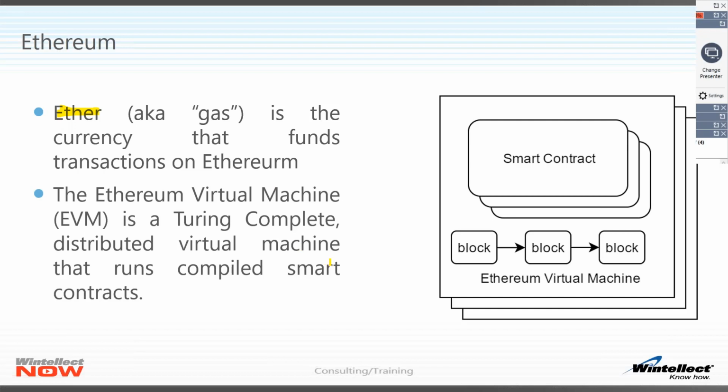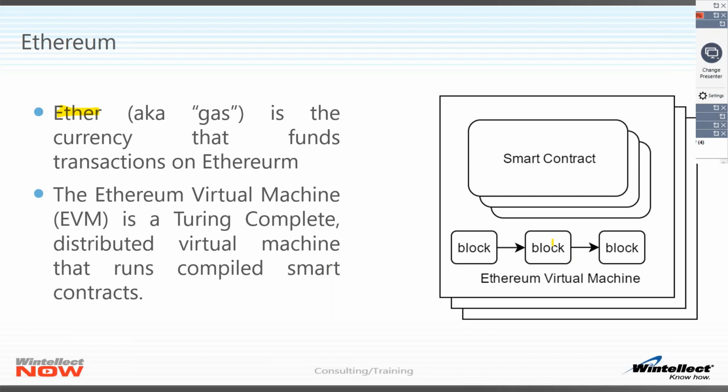And the Ethereum virtual machine is what made Ethereum so unique. It introduced this idea of a virtual machine that would interact with a blockchain, and with that, a virtual machine gives you the ability to run compiled code on that virtual machine that is a part of the blockchain.